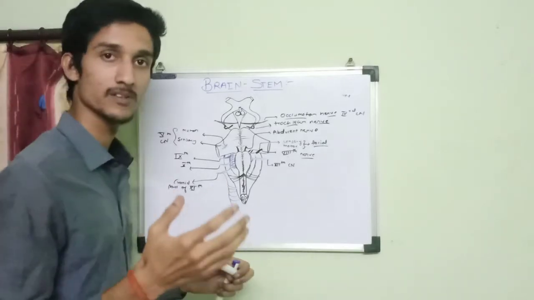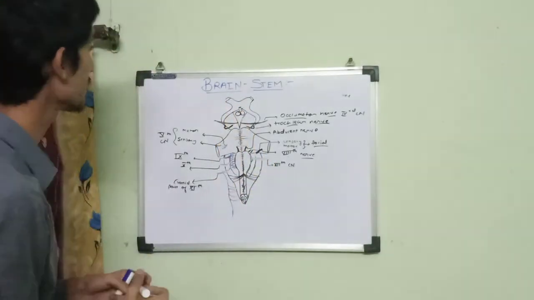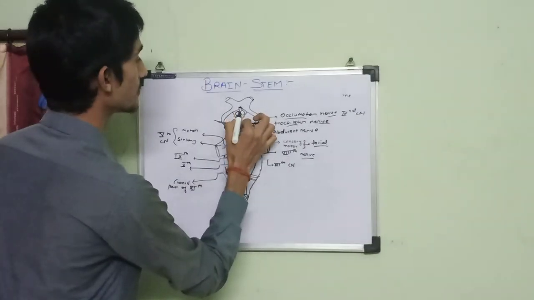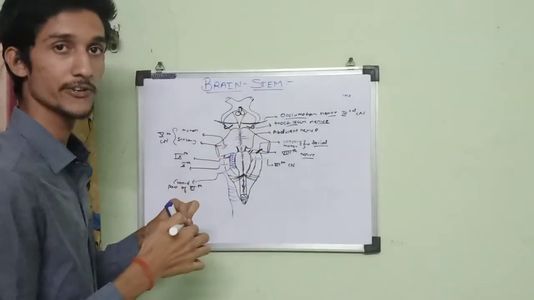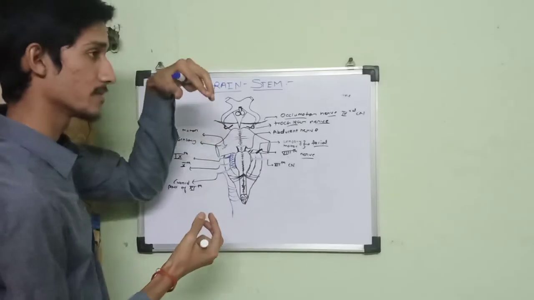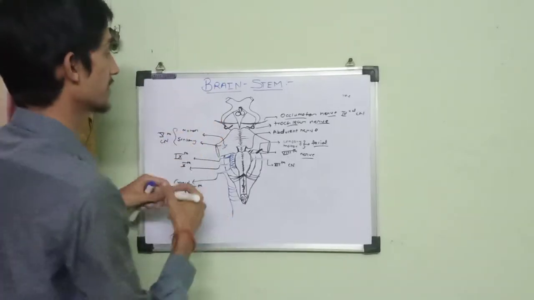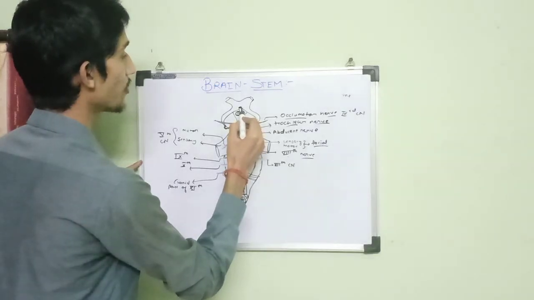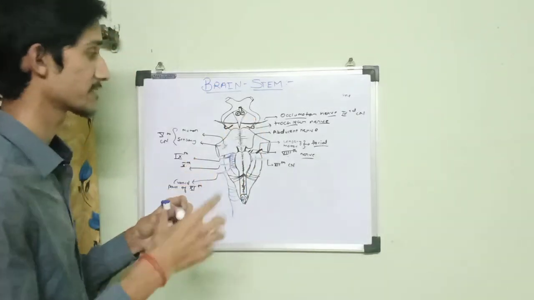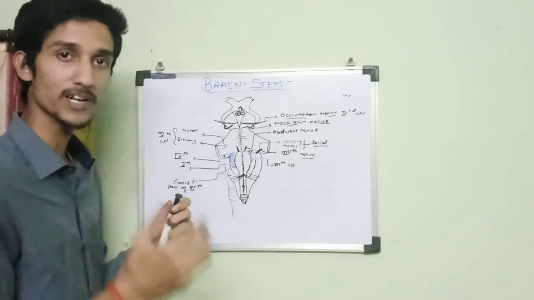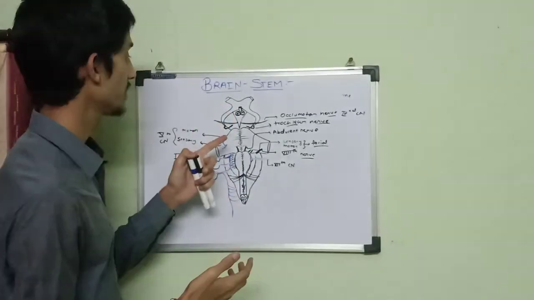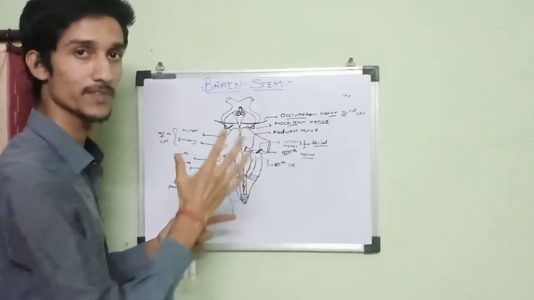Now look at the different things which we can see here. This is the infundibulum of the pituitary gland. It connects the diencephalon to the pituitary gland. These two bulging rounded structures are the mammillary bodies. We will talk in detail about these structures in our next videos, but just know the landmarks of the brainstem.